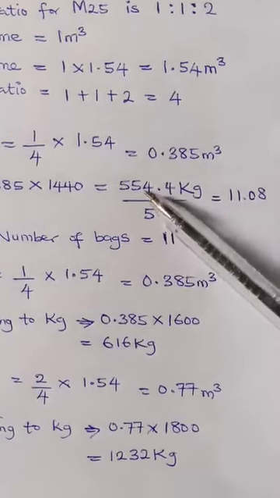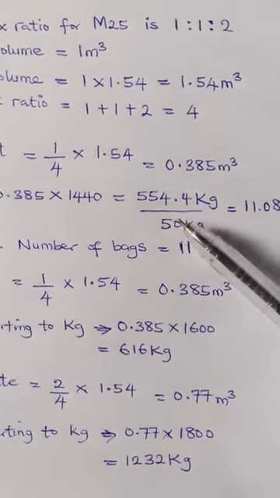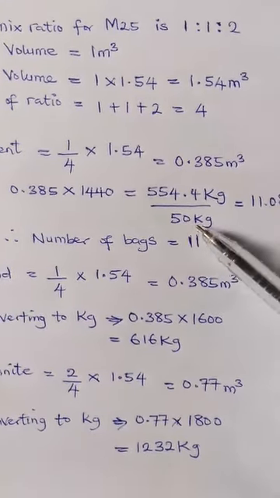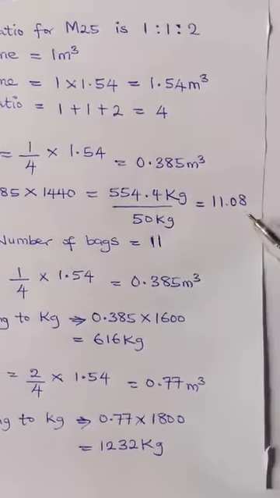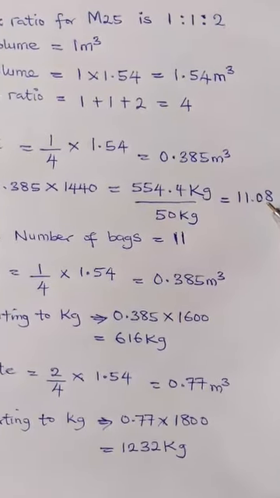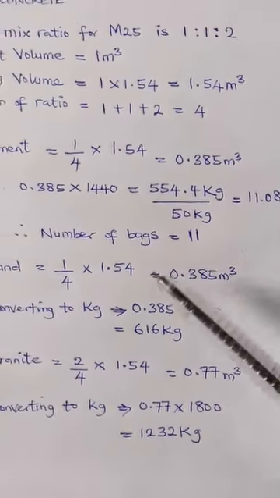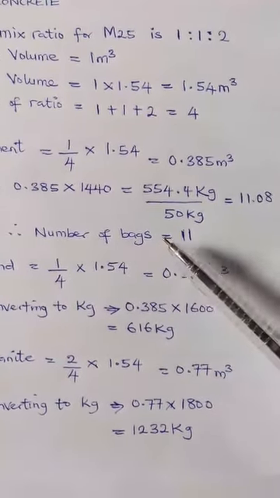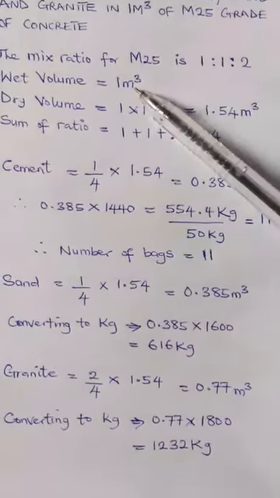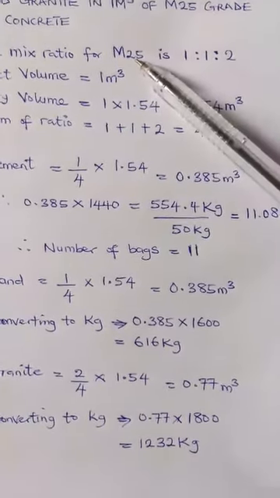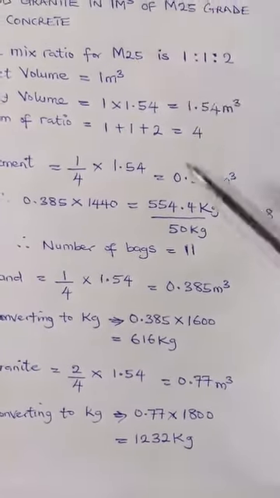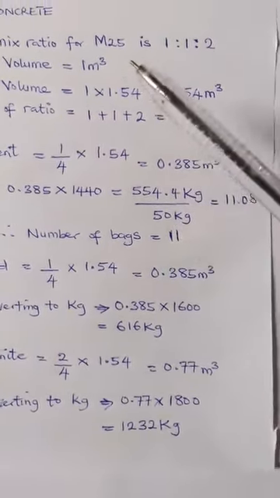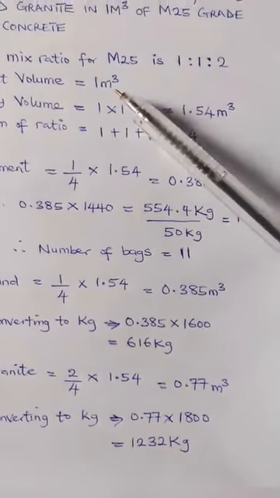Then you divide it by the weight of 1 bag of cement, which is 50 kg, and you have 11.08. So approximately, you need 11 bags of cement for 1 cubic meter of grade 25 concrete.